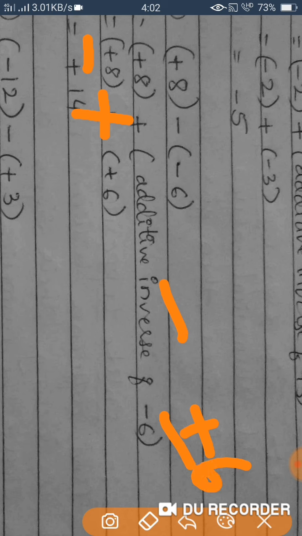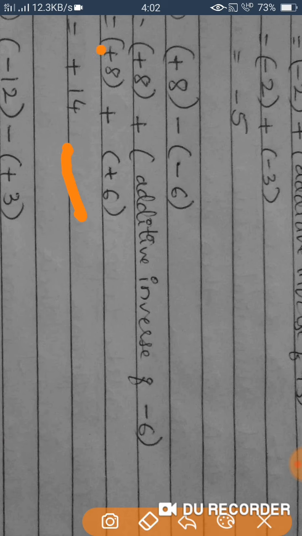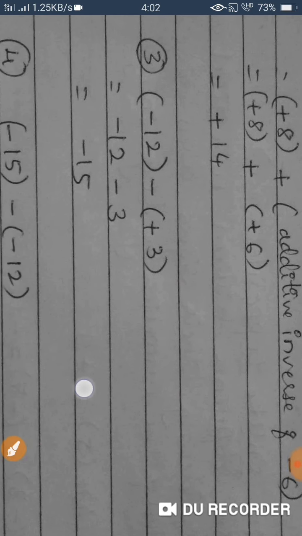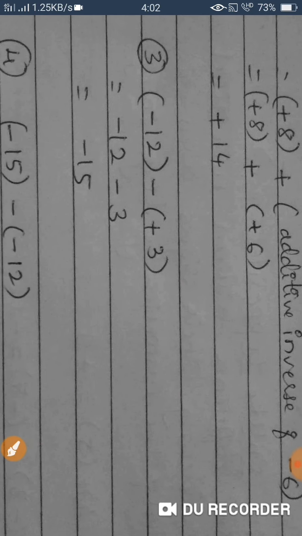So there is plus 8 plus 6. The answer is 14, both being positive, so plus 14. So clear? Then we can go for the next one.